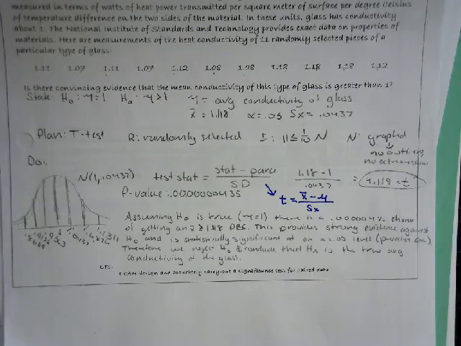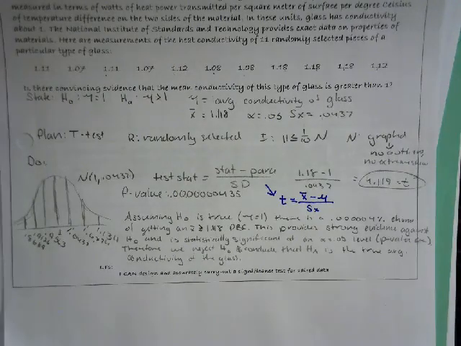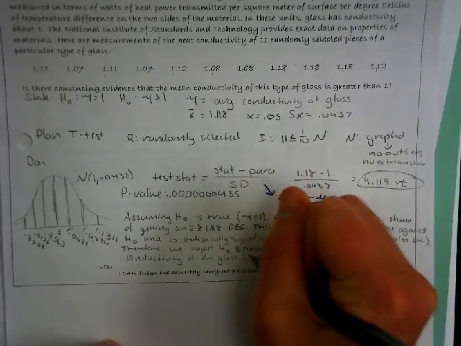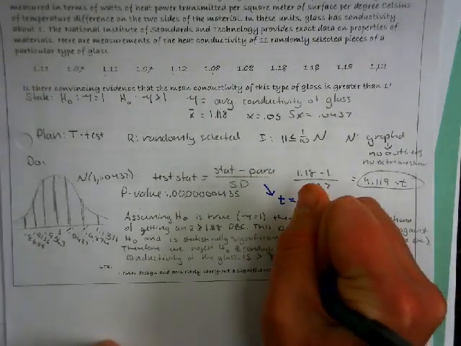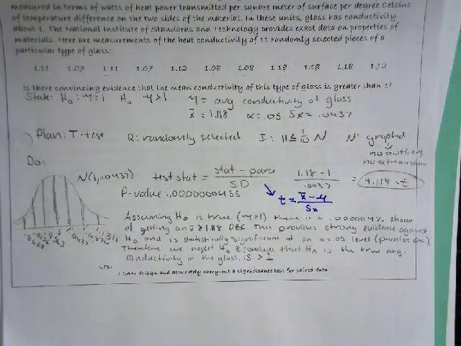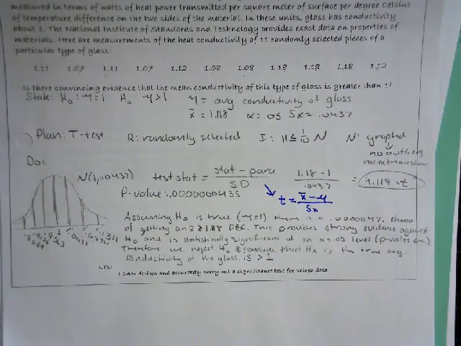That gives us strong evidence against H null and is statistically significant at an alpha equals 0.05 level because our p-value is less than alpha. Therefore, we reject H null and conclude the alternative, that the true average conductivity of the glass is greater than 1. Questions?